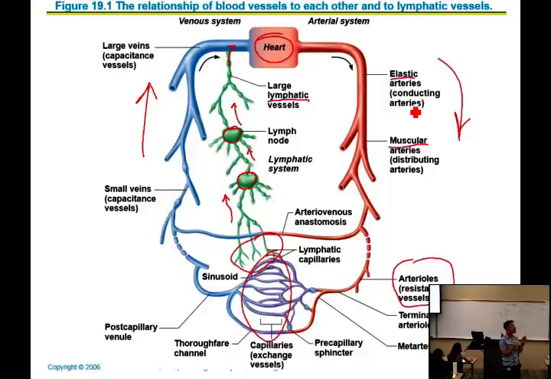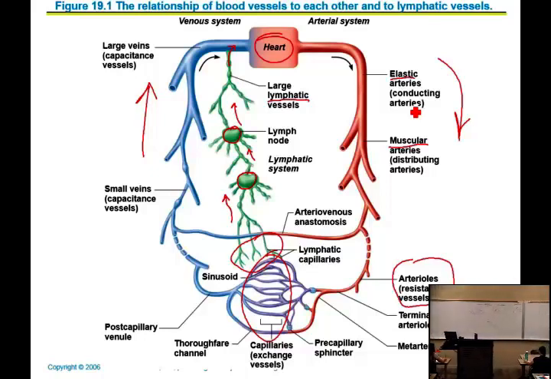And it's so thin that if we had this powerful high-pressure blood coming down to it without reducing that pressure, then they would just blow out automatically. So these different arteries leading up to the capillary beds are helping to dampen the flow and reduce the pressure so that by the time we get to the capillaries, we've distributed it out to all these capillaries, but we've reduced that pressure so that they're not going to just blow up. Okay?